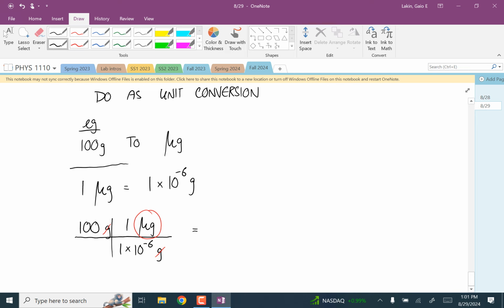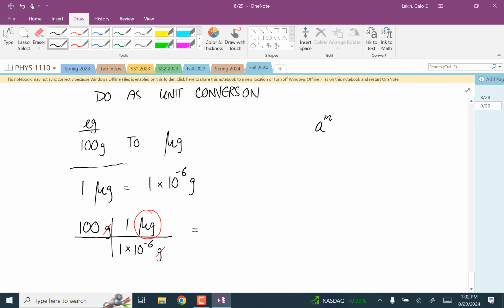And now there's the matter of dealing with these exponents. You can just plug it into your calculator for one thing. But remember, the rules here are, so these are the exponent rules.